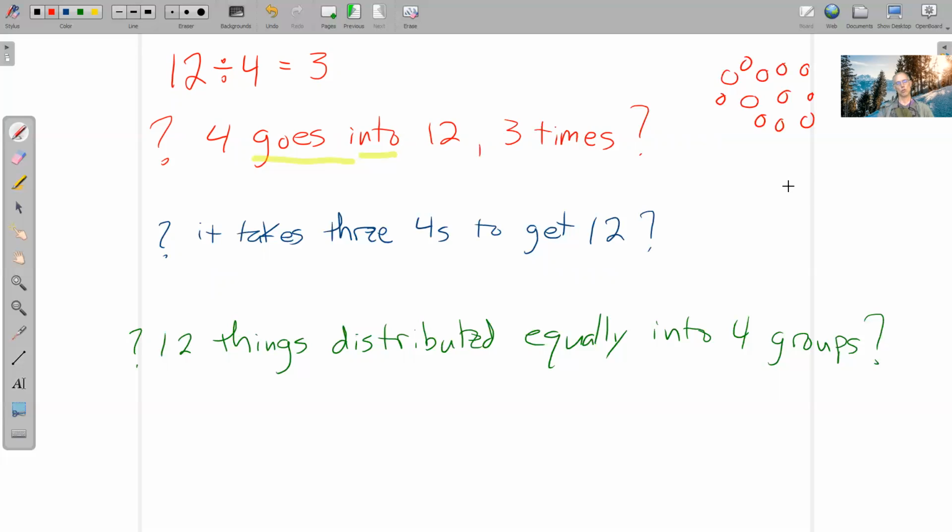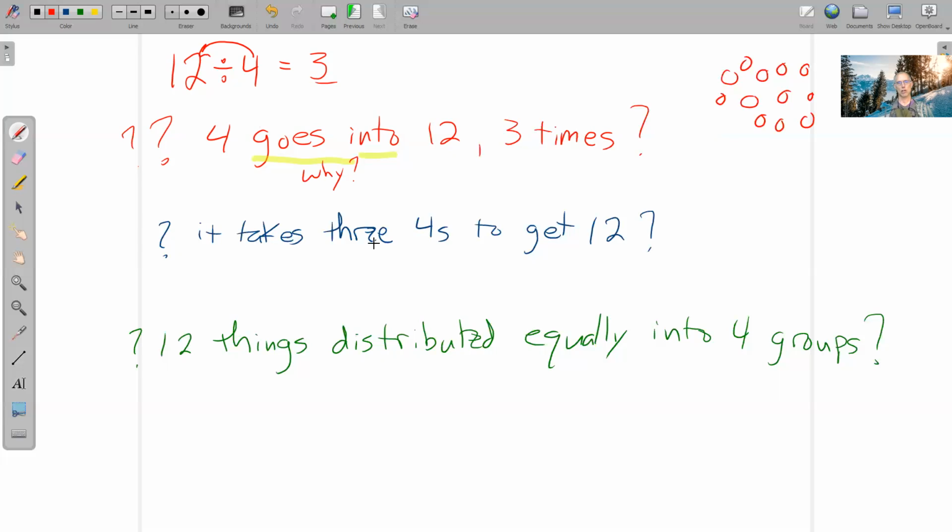I've heard the phrase, I can use it in a sentence, but I'm not sure what to do with it physically. I guess that's another way to read this: 4 goes into 12 3 times. So this seems like a rewriting of it, but I'm still not sure why, because I don't know what goes into means, besides it's another way to state divide. Okay, so we'll come back to that.